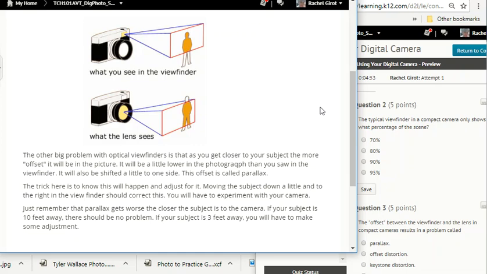Moving the subject down a little and to the right in the viewfinder should correct this. You will have to experiment with your camera. Just remember that parallax gets worse the closer the subject is to your camera. If your subject is 10 feet away, there should be no problem. If your subject is 3 feet away, you will have to make some adjustment.